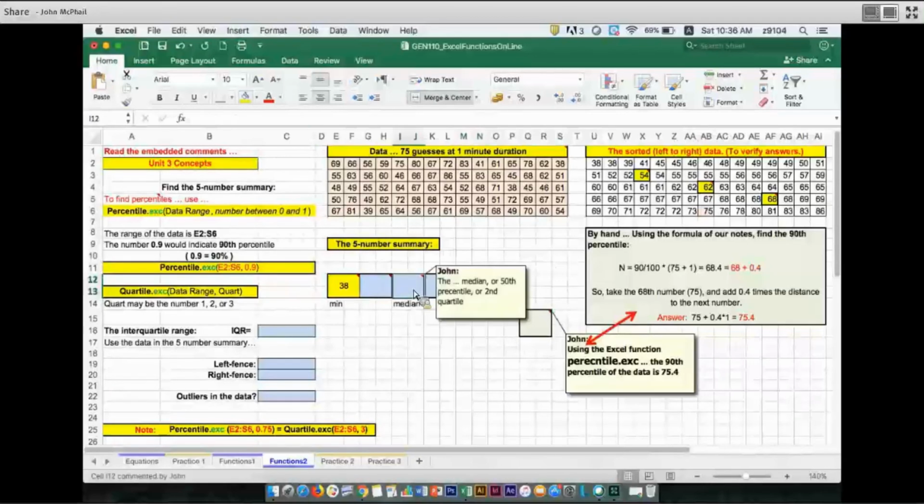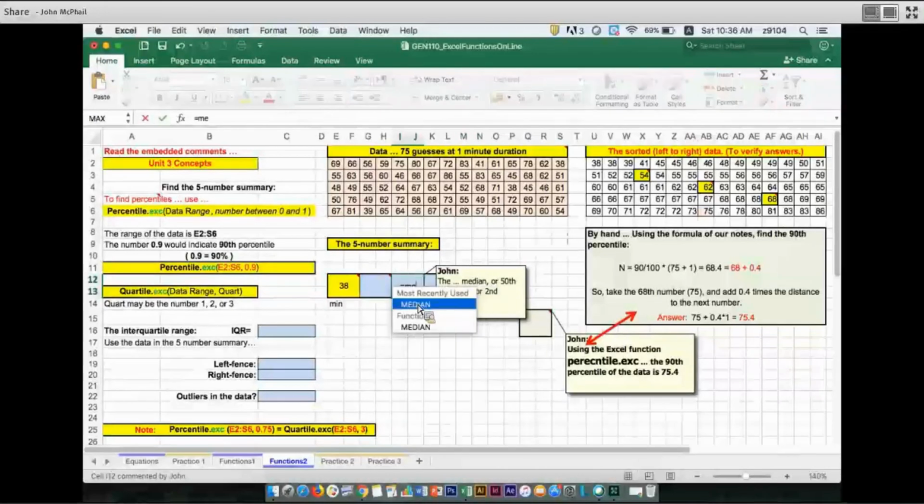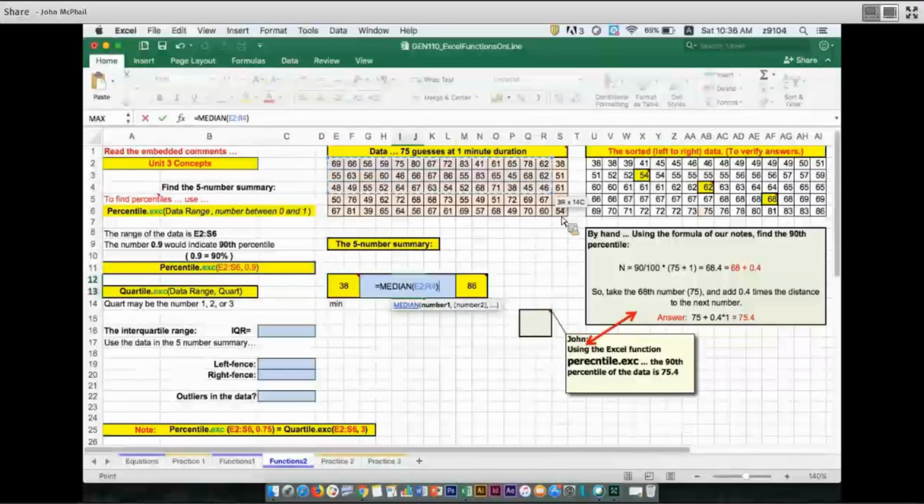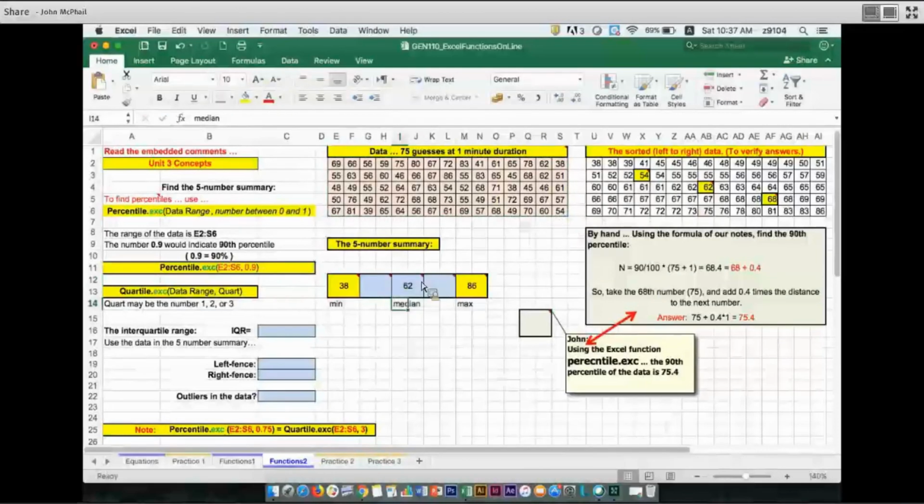The median function, we do similarly, selecting it from the drop-down menu and supplying the data array from E2 over to S6. There's 3 numbers of the 5-number summary.